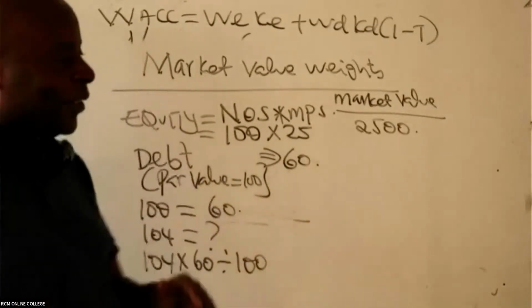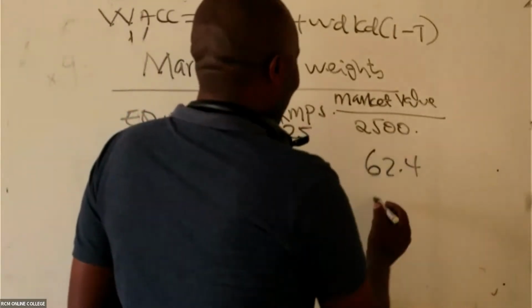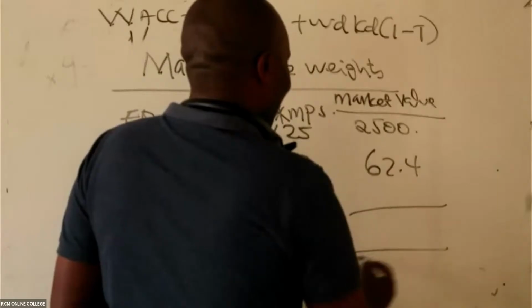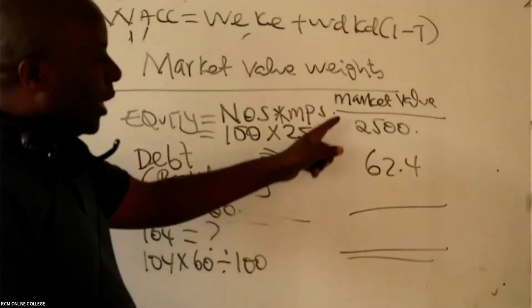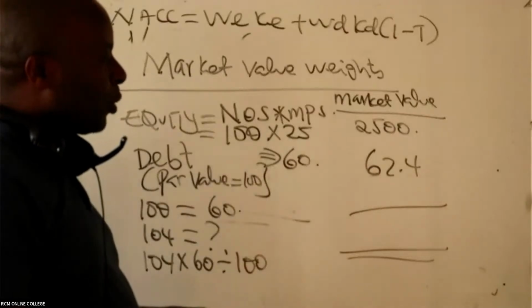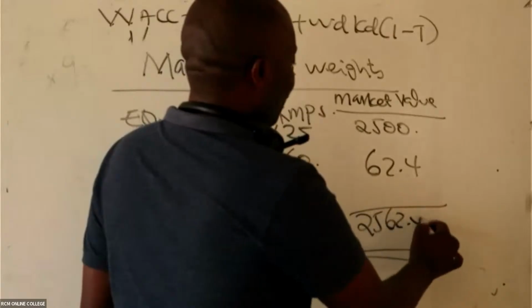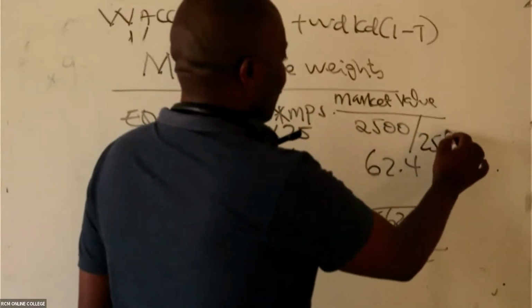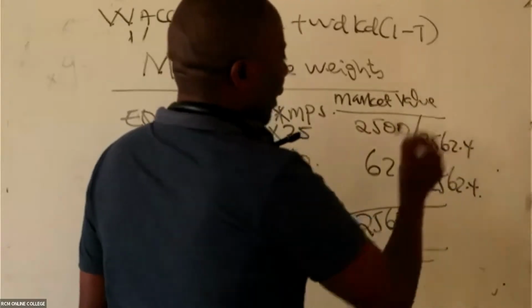The current market price per share, 62.4. So they come and give me the total here. When you add 2,500 plus 62.4, this will give me 2,562.4. So divide by 2,562.4.